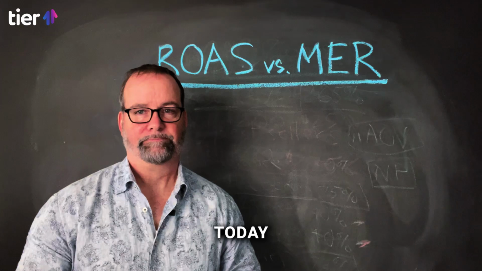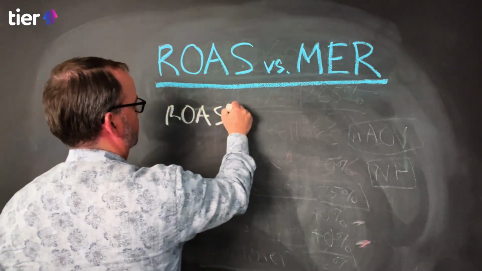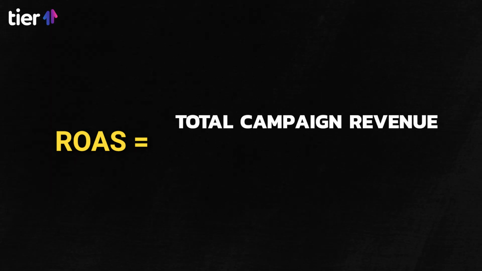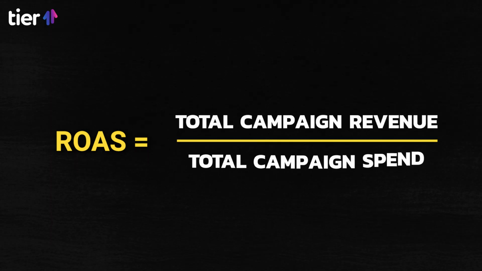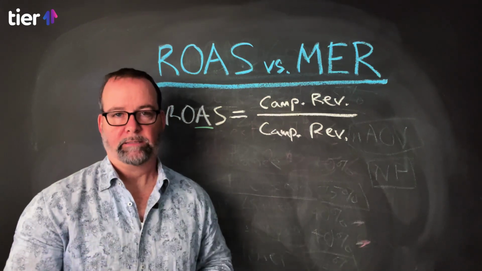So let's look at the math behind each one of these acronyms and determine how you should be using it in your marketing today. So ROAS is a simple calculation. It equals your total campaign revenue divided by your total campaign spend. Just that simple. ROAS in most cases is just a moment in time.